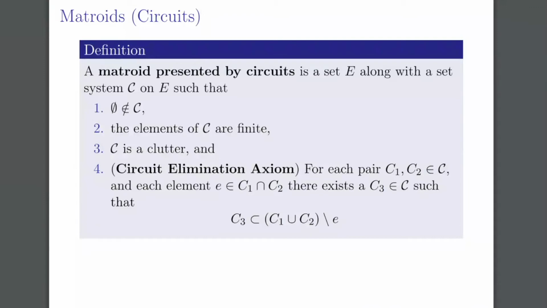Our circuits need to satisfy four conditions. First, the empty set is not a circuit. The second condition says that all of my circuits are finite. The third condition is that my circuits are incomparable: if two circuits C1 and C2 are such that C1 is contained in C2, then C1 has to be equal to C2. So they're all minimal elements in my collection.